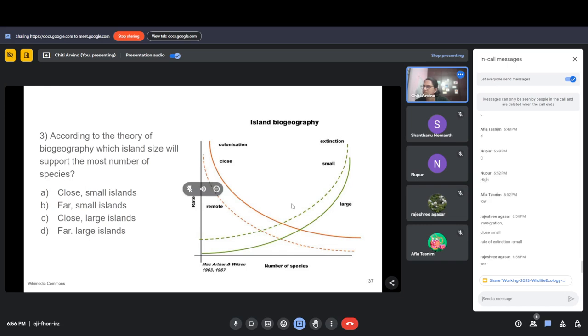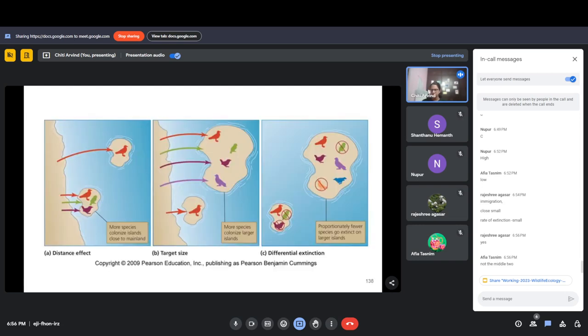Yes, no, yes, okay. So the theory of island biogeography is quite important. I hope everybody has understood that. So here is another illustration. You have the distance effect, which is basically just what we discussed. More species colonize islands closer to the mainland, right?